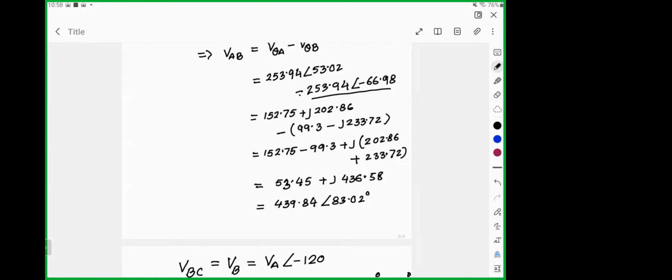I know what I'm doing wrong now. You were taking A or B, but I did the ABC sequence differently, in the opposite direction. If you have taken the ACB sequence, that's fine, you can continue. There is no harm, because here it has not been mentioned which sequence, so you can assume any sequence. I have taken the ABC sequence, so from A, B is a 120-degree phase shift of minus 120, and then C will be plus 120.